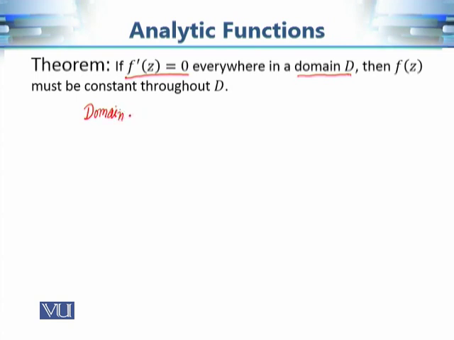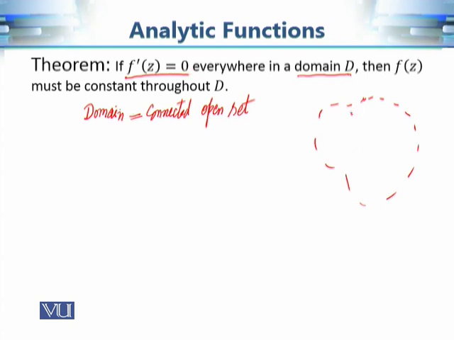Okay, so what is a domain? It is a connected open set. Okay, so it is something like this. It is connected, the boundary is not included, so it is open.